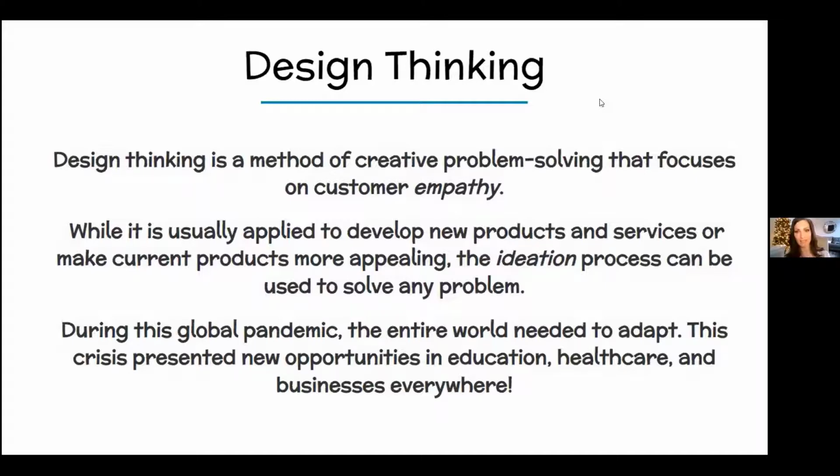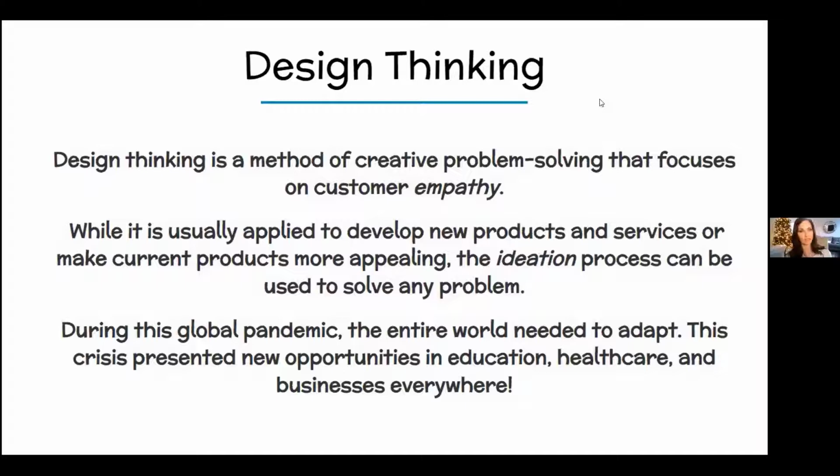And think about the world that we're living in right now. I think about education. I think about healthcare and small businesses around the world. Because of this global pandemic, that's what we need right now. We need creative problem solvers. Design thinking is definitely a way that I've seen a lot of companies use, right?